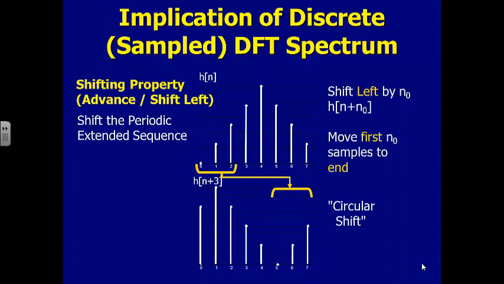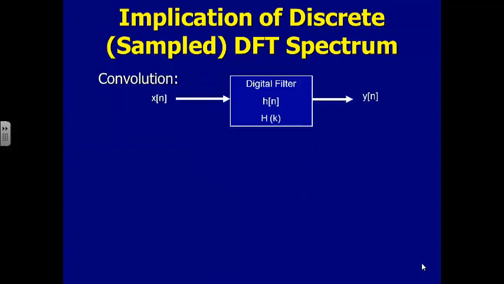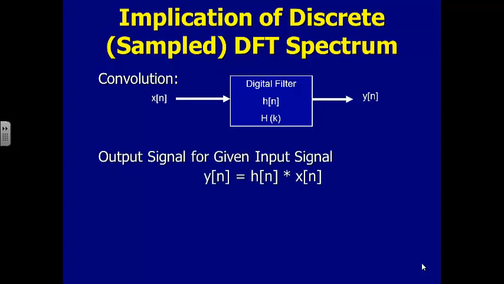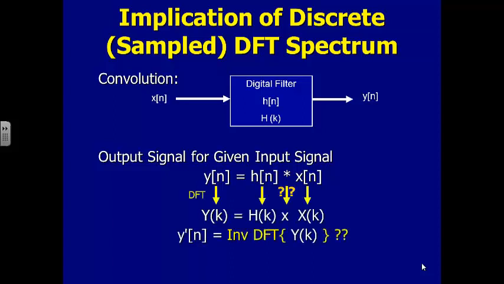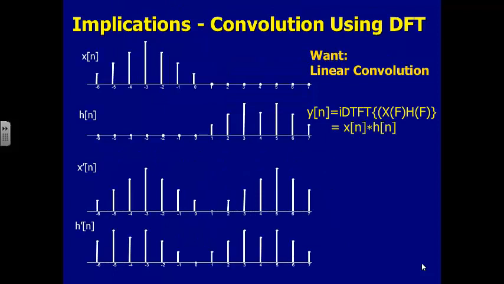Now, we don't often do time shifts in the frequency domain. What we do is convolution, which is flipping and shifting, right? So if I want to convolve two signals using transforms, I'll take the DFT of h of n, take the DFT of x of n, multiply those DFTs, and then take the inverse transform. If I do that, I want to be taking this x of n and taking my h of n, flipping it and shifting it past x of n, and at each step, multiplying them, adding them up.